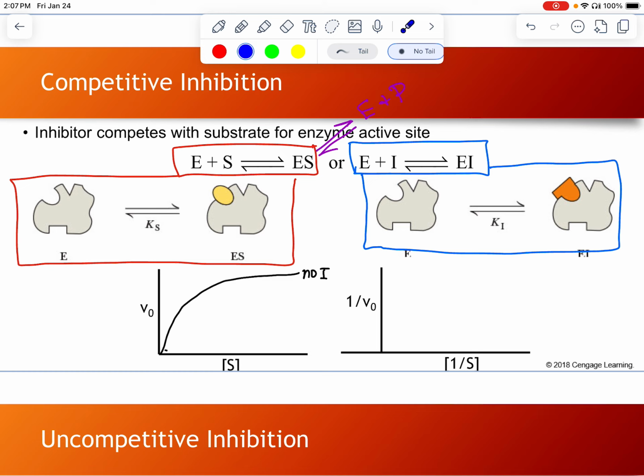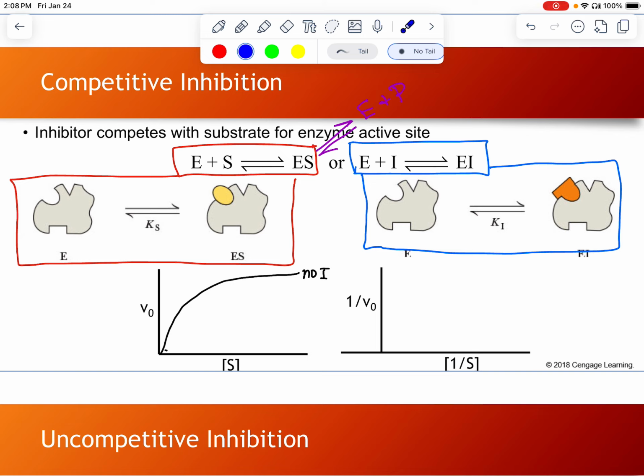So if I think about that, remember that this is reversible, right? That inhibitor is going to go on, but go off, go on, go off, go on, go off. And so if you think about it, every time that inhibitor comes back off, there's another opportunity for that substrate to sneak in there and grab that active site. So eventually we can still get to that same maximum velocity.